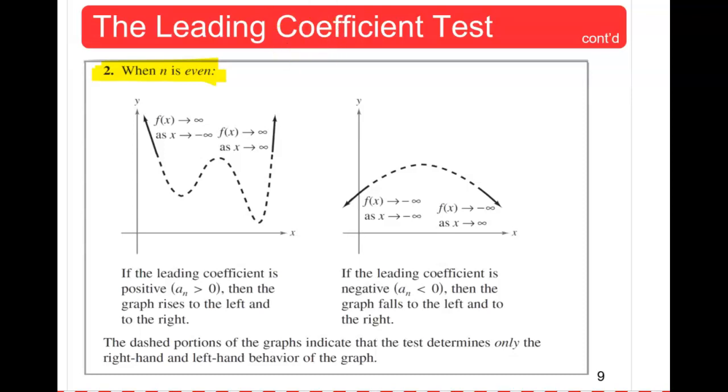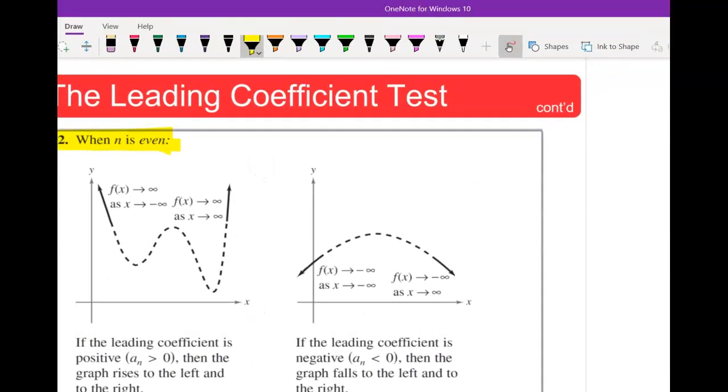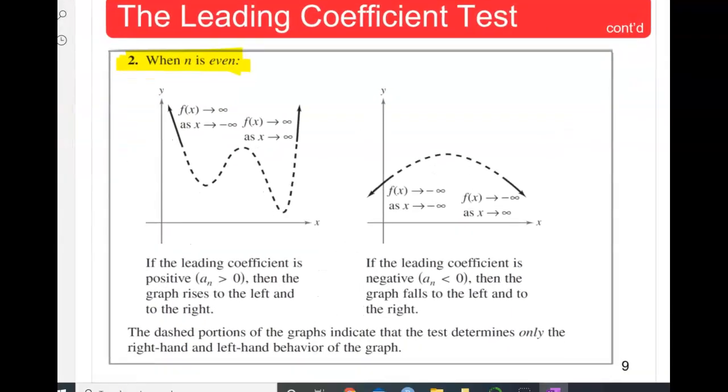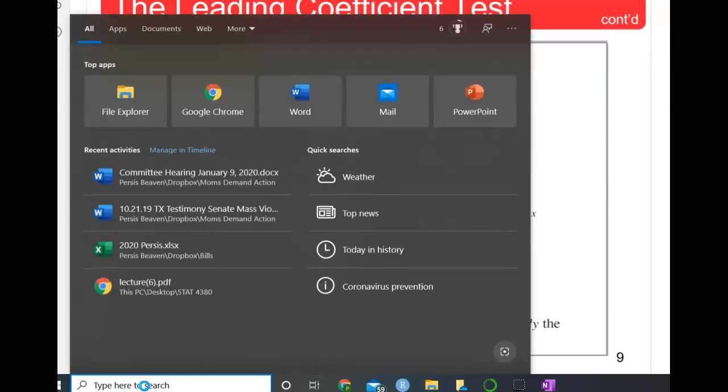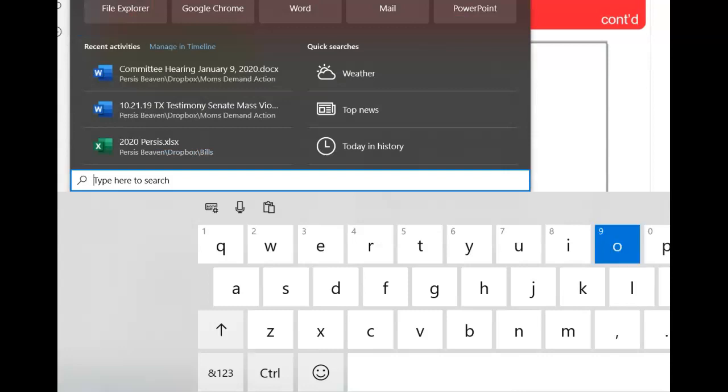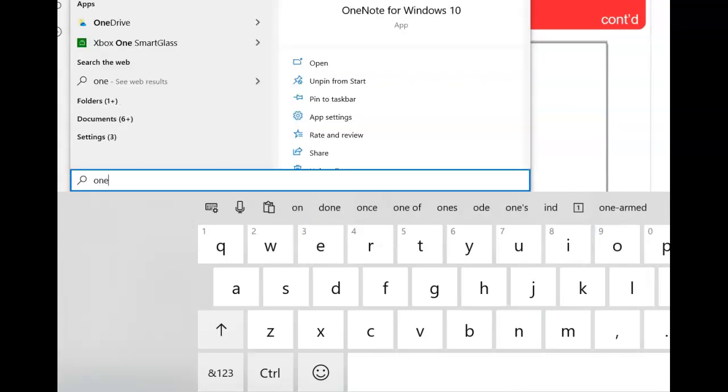That's the program that I use. This one right here. If you have Microsoft, you have OneNote. All you have to do is type OneNote on your keyboard, and you see it shows up.